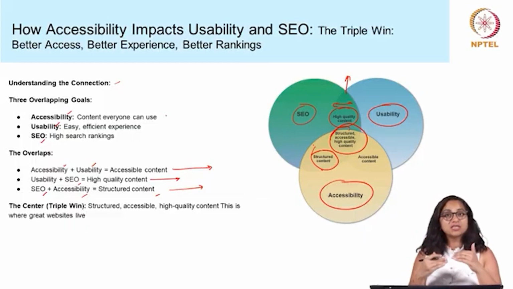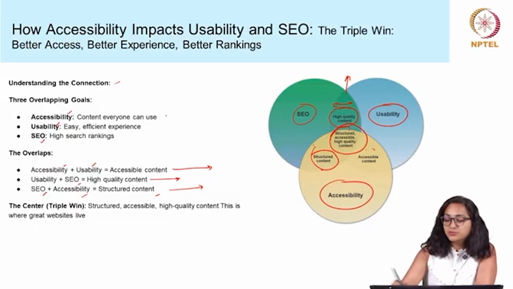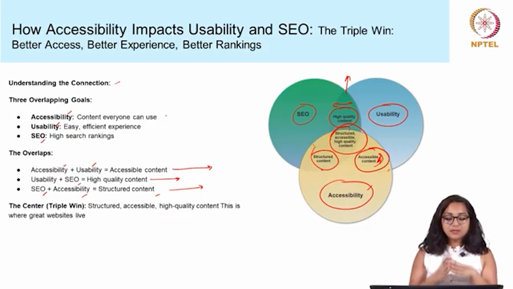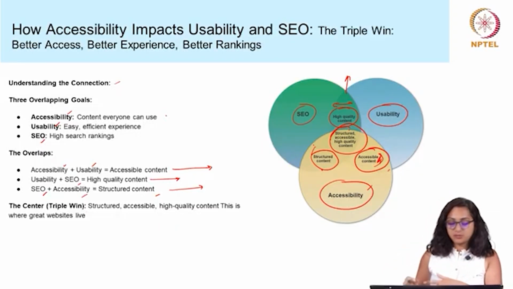If it is structured correctly, then only it will appear in ranking algorithms properly. Usability and accessibility result in accessible content, and all three together result in structured, accessible and high quality content, which is what we want our product to be, right?